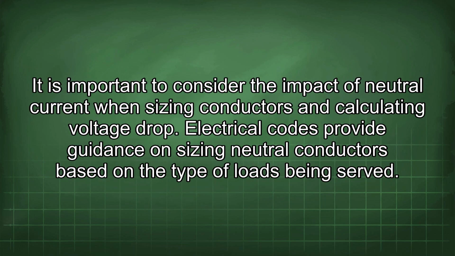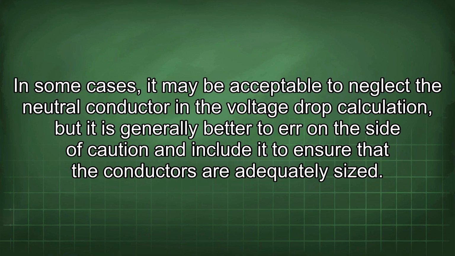It is important to consider the impact of neutral current when sizing conductors and calculating voltage drop. Electrical codes provide guidance on sizing neutral conductors based on the type of loads being served. In some cases, it may be acceptable to neglect the neutral conductor in the voltage drop calculation, but it is generally better to err on the side of caution and include it to ensure that the conductors are adequately sized.